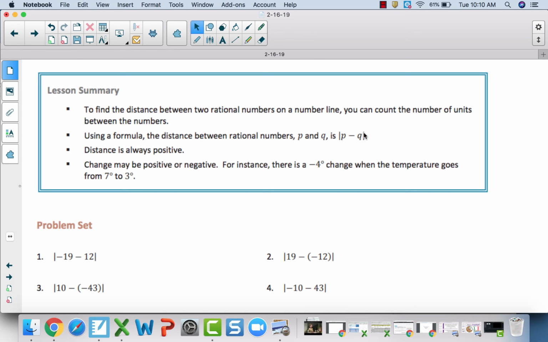So this formula just states you subtract the two numbers that you're trying to find the distance between, and you take the absolute value to ensure that the distance is always positive. Now, if it's asking about change, change can be positive or negative depending on whether you are going up, increasing, or going down, decreasing.